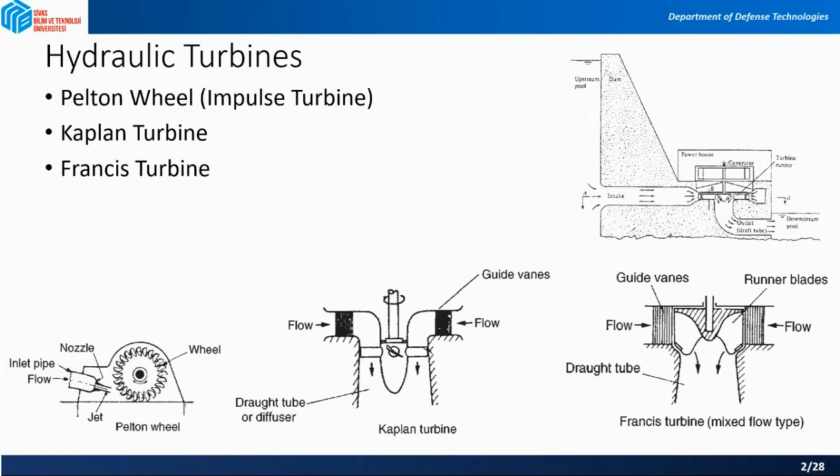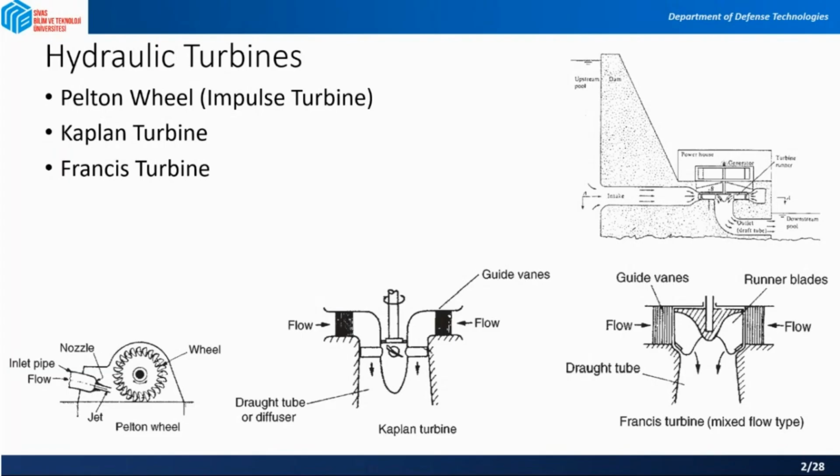beginning with some introduction on the hydraulic turbines. The reason that so many different types of turbines are in use is because of the almost infinite range of service requirements.